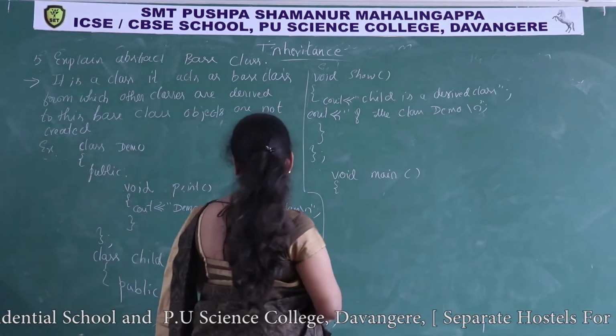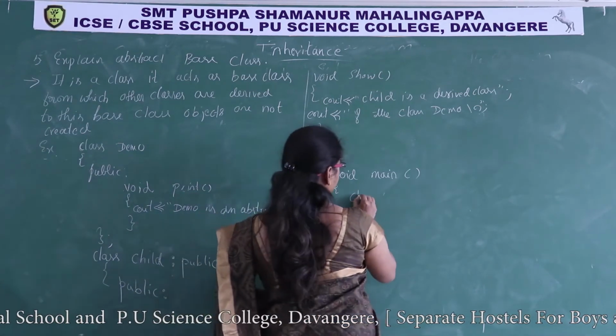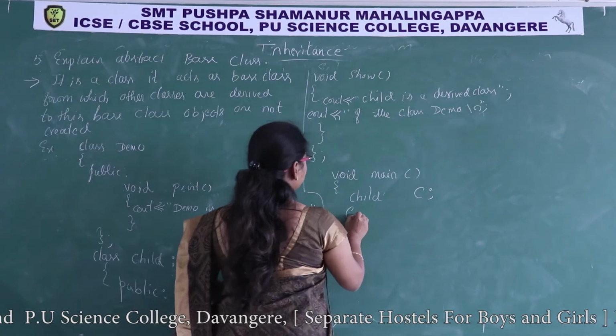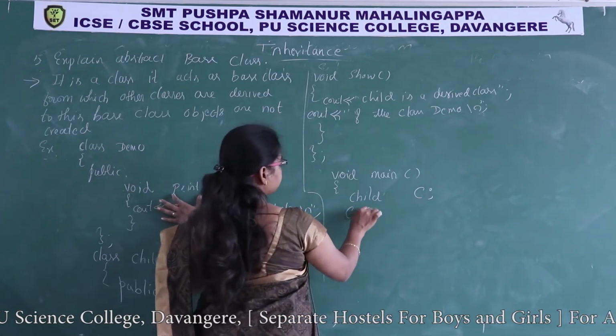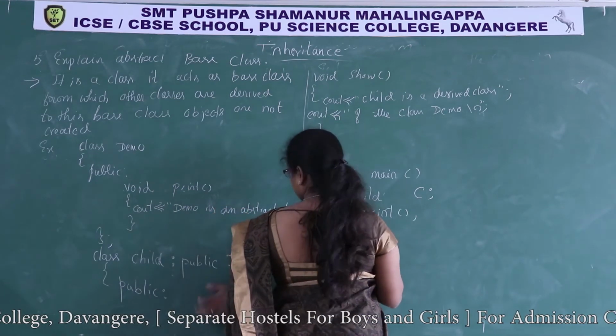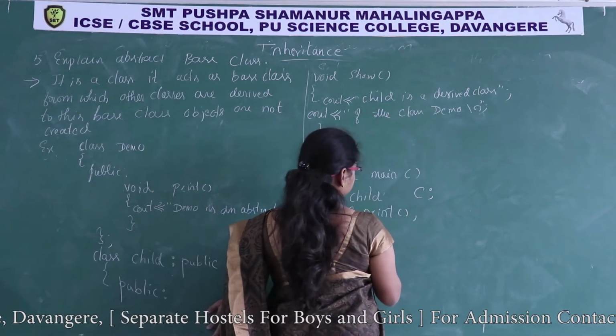So we have to create object for child, child c, c dot print, c dot show.